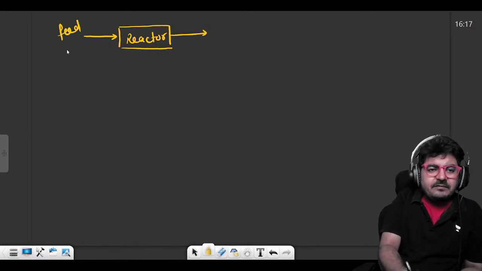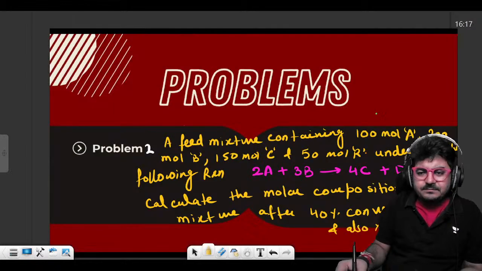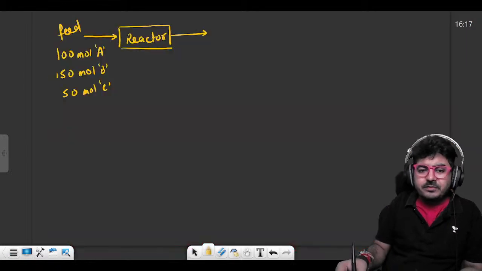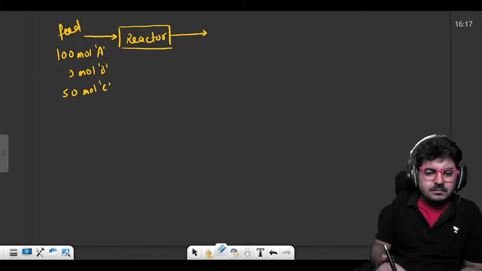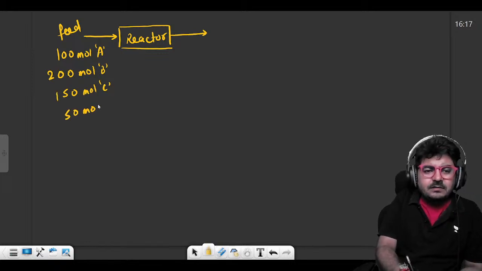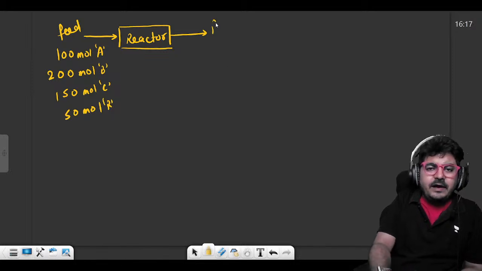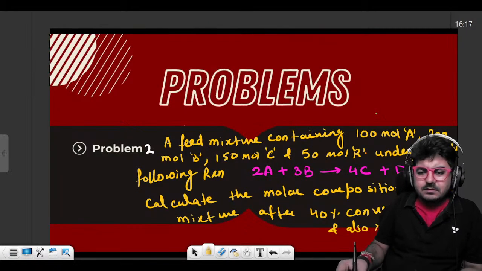In the feed, we have 100 moles of A, 200 moles of B, 150 moles of C, and 50 moles of R. In the product, they are asking about the molar composition. The conversion of A was given as 40%.